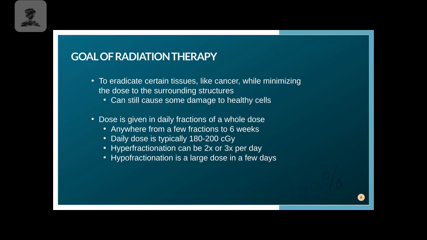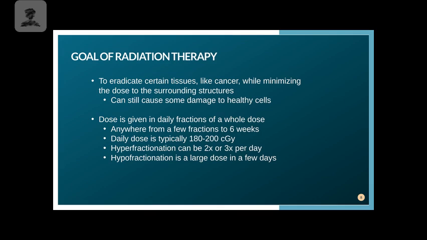So we can give anywhere from just one or a few fractions or days of treatment up to 6 weeks. Our daily dose is typically going to be 180 to 200 centigray. That is a very common dosing for just standard normal cancers. If we do something like hyperfractionation, hyper meaning more than normal, so more than the daily dose, we then are going to do 2 or 3 times that normal daily dose.